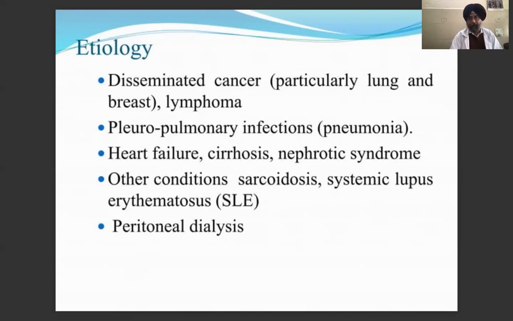And if it is negative, then we start the diagnosis of lymphoma. This is how we go about. Let me tell a case. A patient is started on ATT, he is not improving. So the two possibilities would be either it's a drug resistant tuberculosis or we are missing the diagnosis of lymphoma.